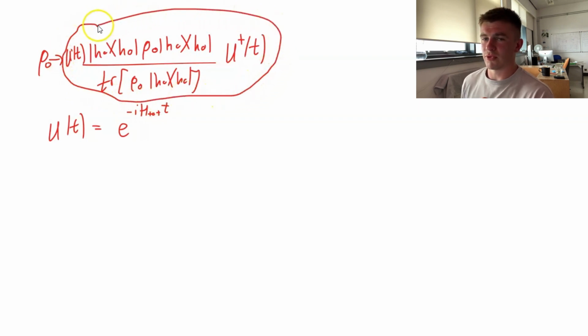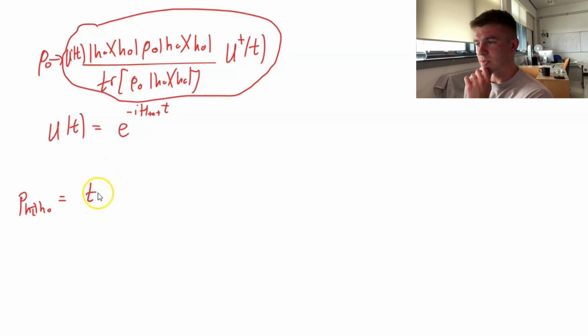when we perform the second measurement. So now we're ready to think about what this probability is going to look like. It's just going to be the trace of the state of the system with the projector onto the outcome h tau.